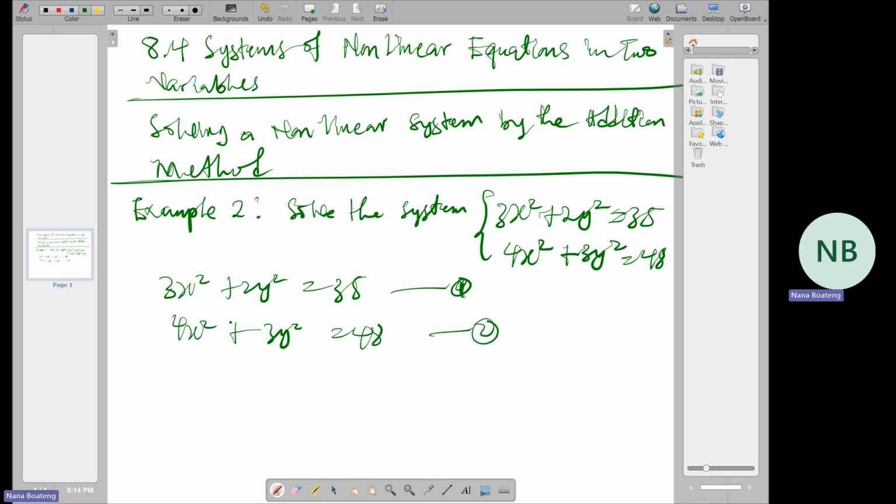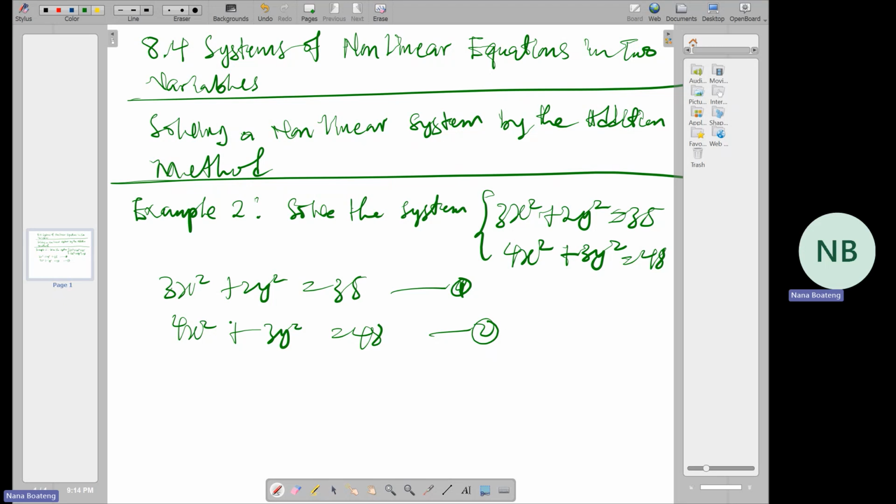We'll multiply equation 1 by a number and equation 2 by another number such that if we subtract one from the other, either the x squared term or the y squared term, whichever we choose to focus on, will go to 0.